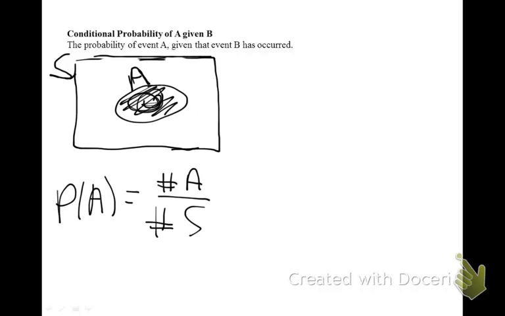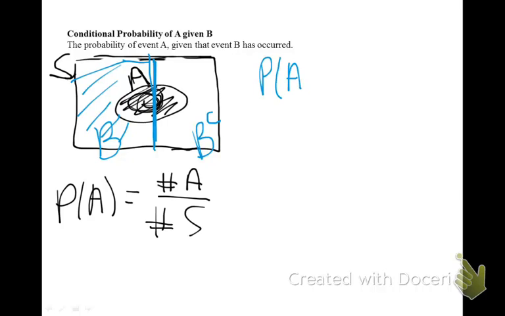Now let's say that I have some additional information that can break up the sample space, and everything on this side belongs to event B. And if B does not occur, that's the complement. It's everything on the right-hand side. So if I want to find the probability of A, knowing ahead of time that event B occurs, I can look at a new diagram.